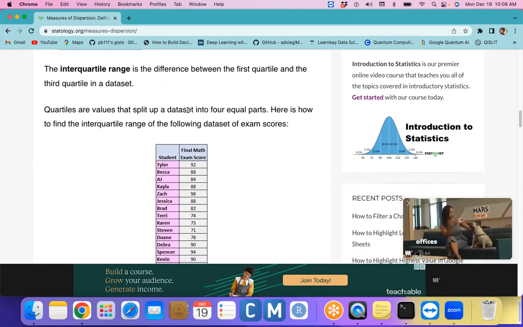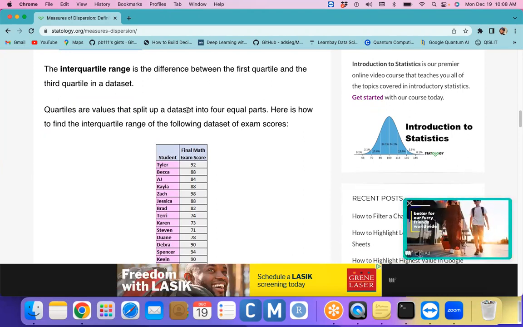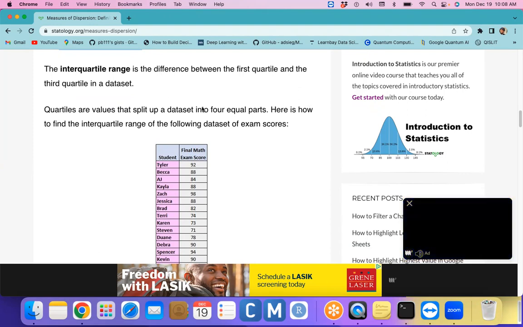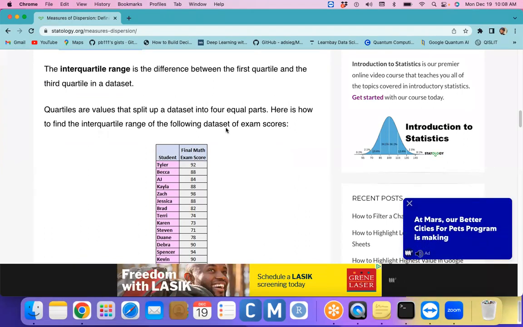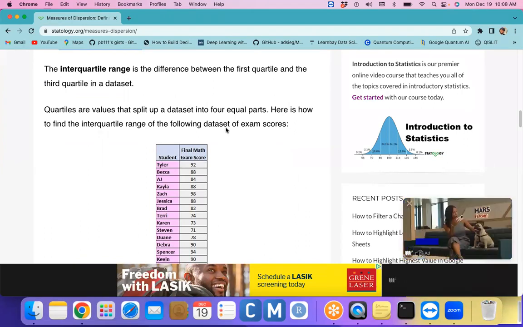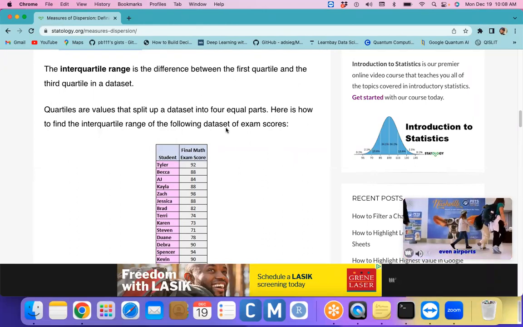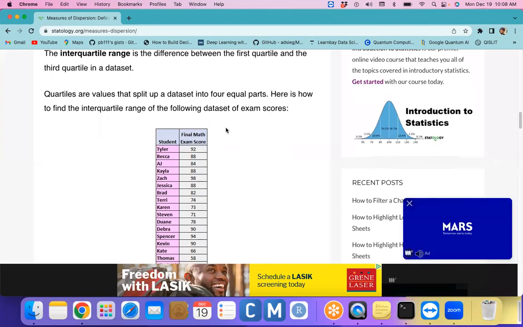Q0 and Q4 are the min and max. Q2 is your median value. Q1 and Q3 are the middle value of the lower half and the middle value of the upper half.